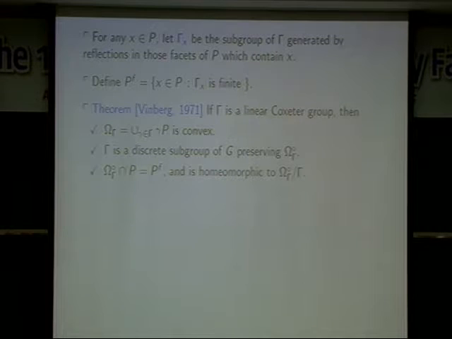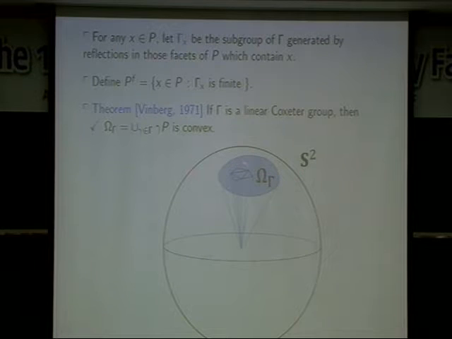And gamma is a discrete subgroup of G, preserving the interior of omega_gamma. Okay? So if this P is a hyperbolic case, this omega_gamma is exactly an ellipse.